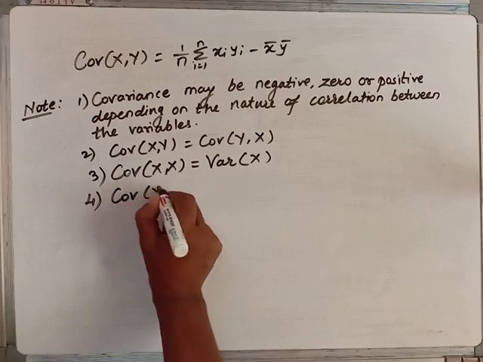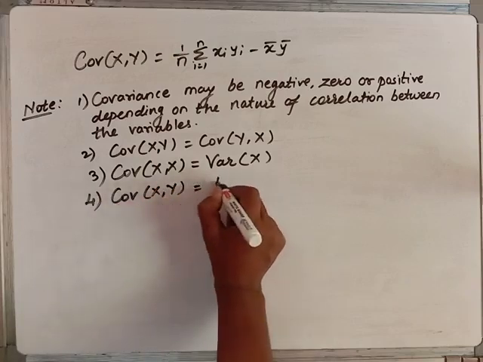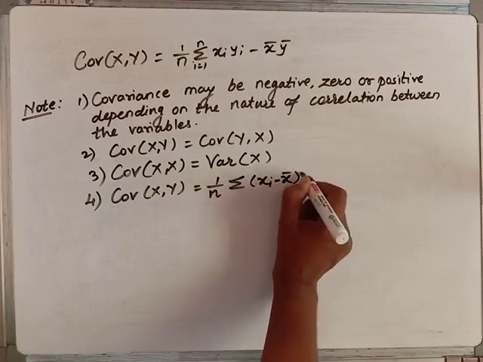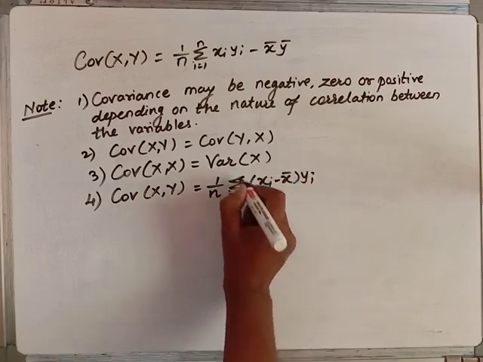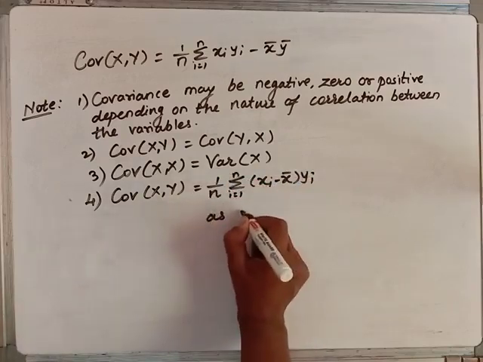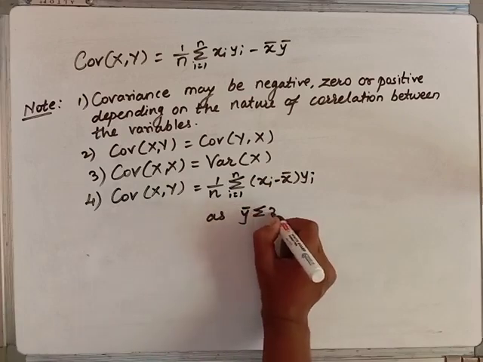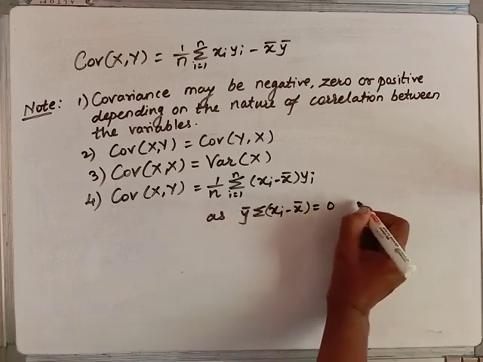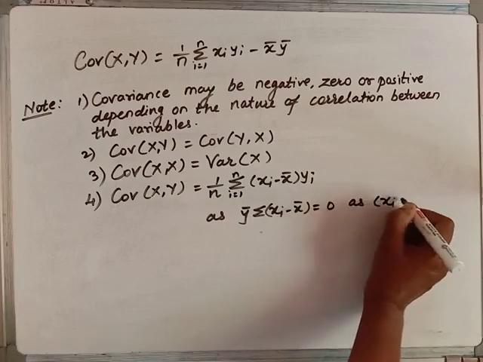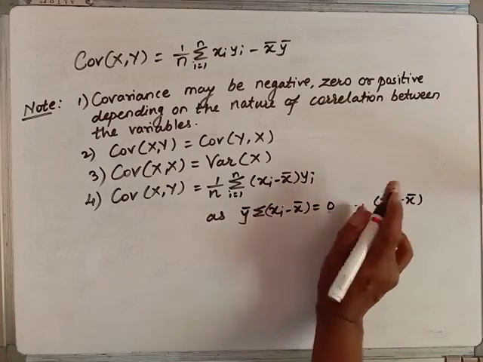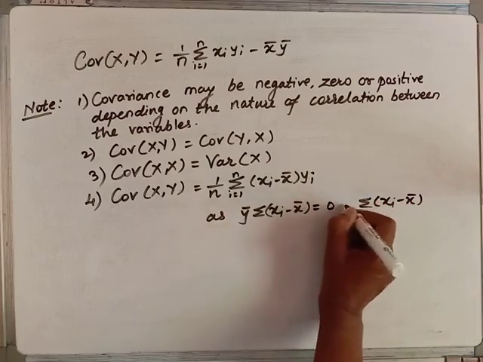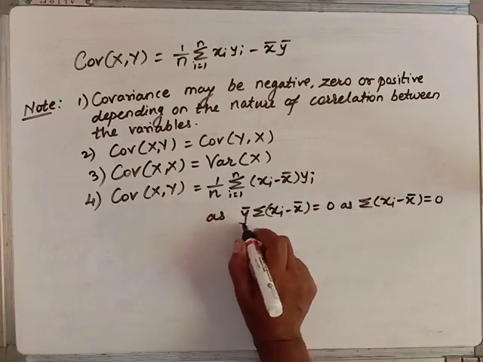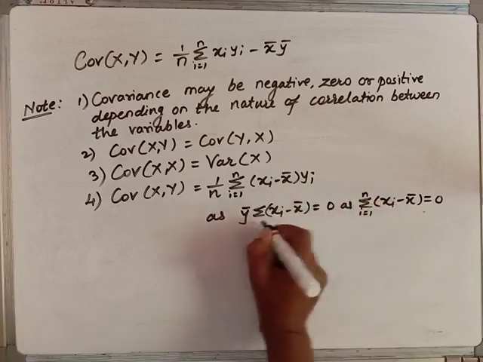Again, covariance between x and y is what? 1 upon n summation xi minus x bar into yi, i goes from 1 to n, minus y bar summation xi minus x bar, and this summation is also 0.